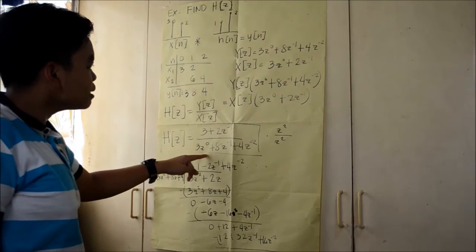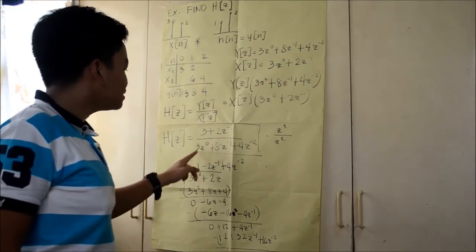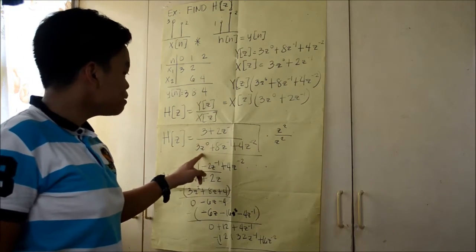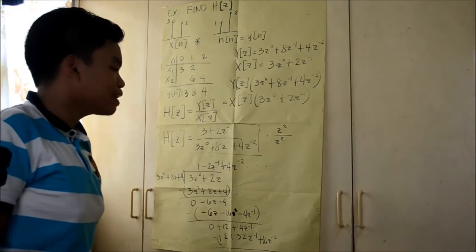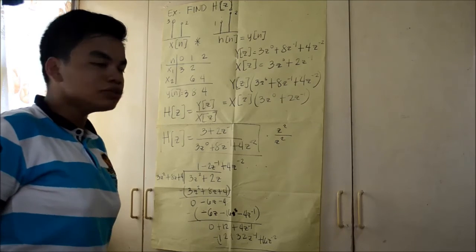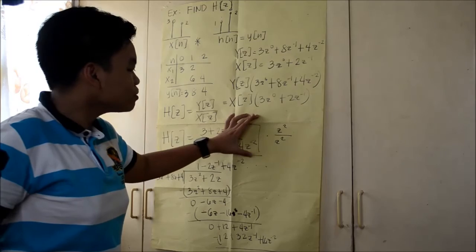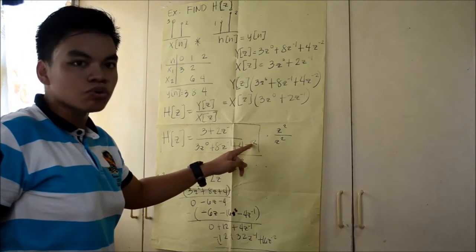And for the denominator, we have the output side, Y(z), 3z to the 0, or simply 3, plus 8z to the negative 1 plus 4z to the negative 2. For a more simplified answer, we will be multiplying this equation by the largest degree, which is 2.